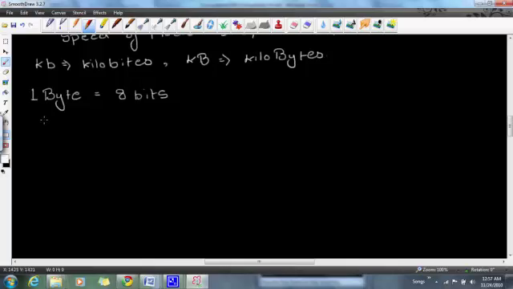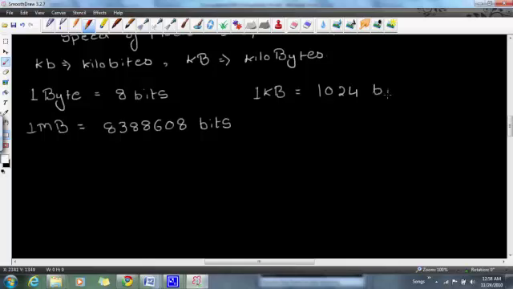Therefore, 1 megabyte, if expressed in terms of bits, becomes equal to 8388608 bits, right? Because 1 kilobyte is equal to 1024 bytes.